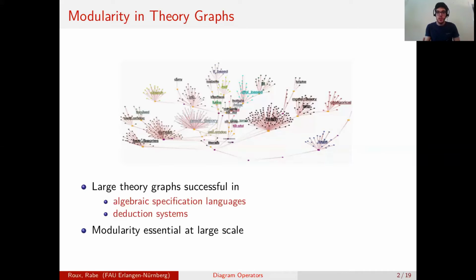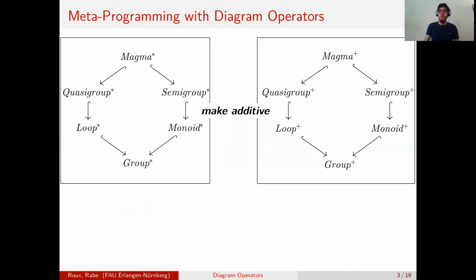And option number two, to somehow evade the language and go meta. So metaprogramming also achieves modularity. And that's what we're after here. And we do metaprogramming with diagram operators. So we operate on diagrams of formalizations.